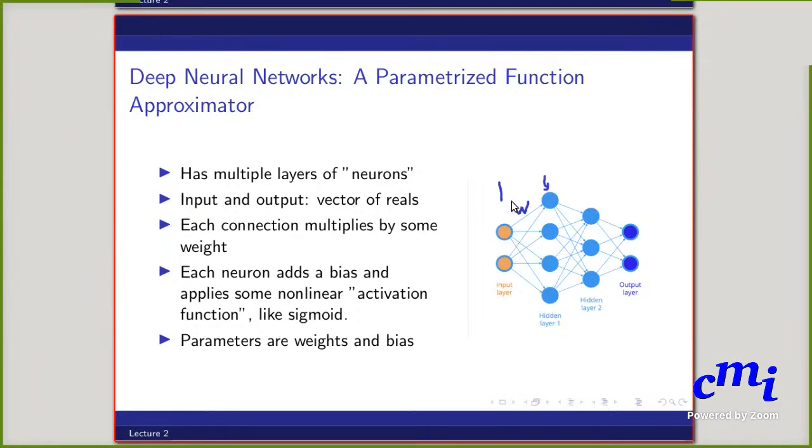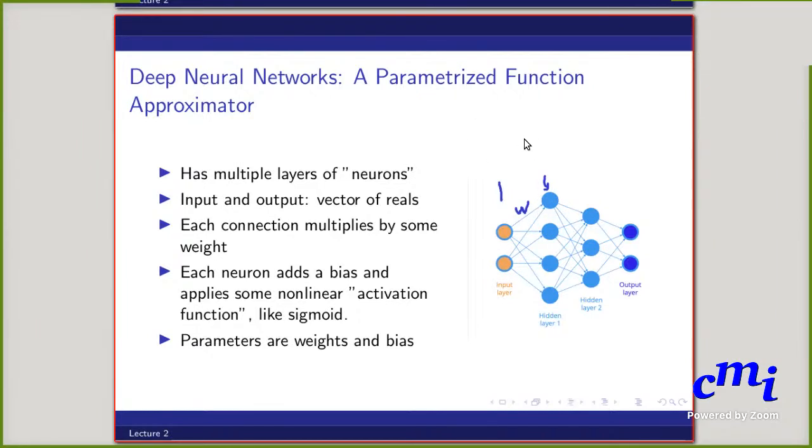So you guys can see my cursor, right? Yes. Okay. So some weight along this edge multiplied by the value from this node, right? So it is going to basically get a linear combination of the values of this node and this node. This is basically the input that comes into this particular node, and then some bias gets added, right?